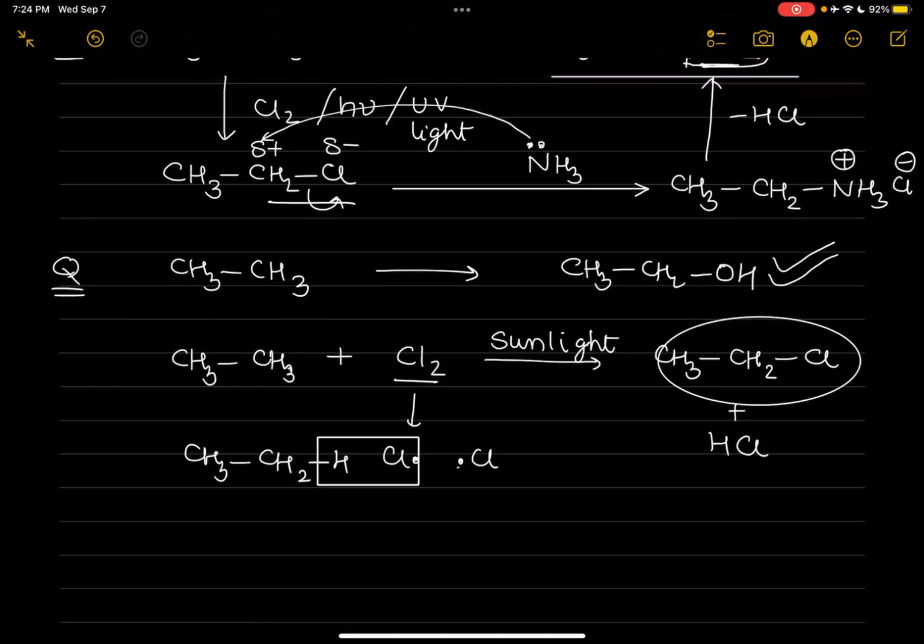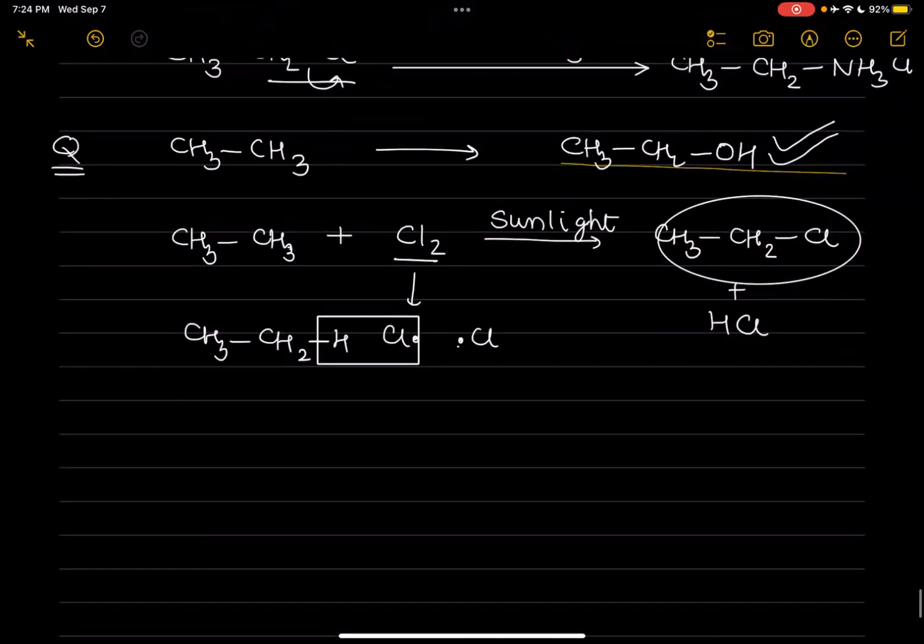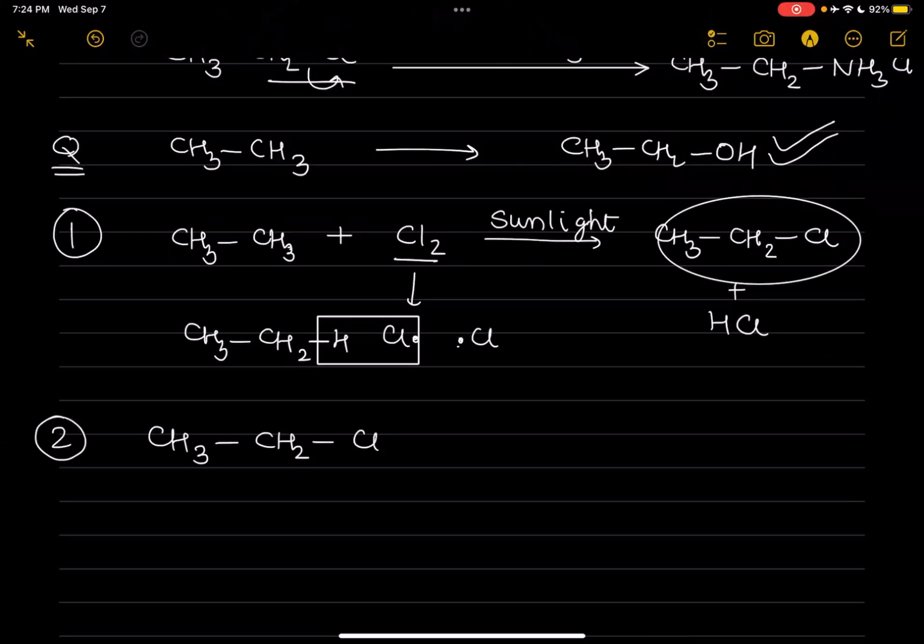So how can you bring in the OH? NaOH. Yeah, now in step 2 you can very easily displace the Cl by aqueous NaOH or aqueous KOH, right?